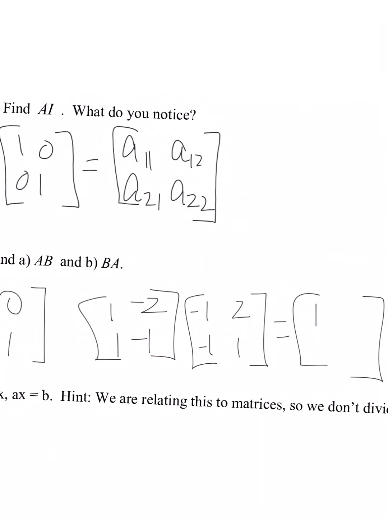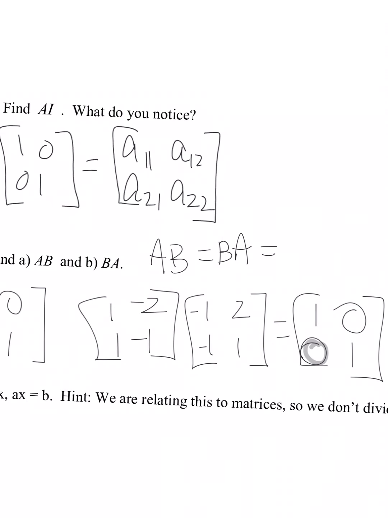Row 1 times column 2 is 2 plus negative 2, which is 0. Row 2, column 1, negative 1 plus 1, let's make sure, yes, is 0. And then we have row 2 times column 2, that'd be 2 plus negative 1, which is 1.